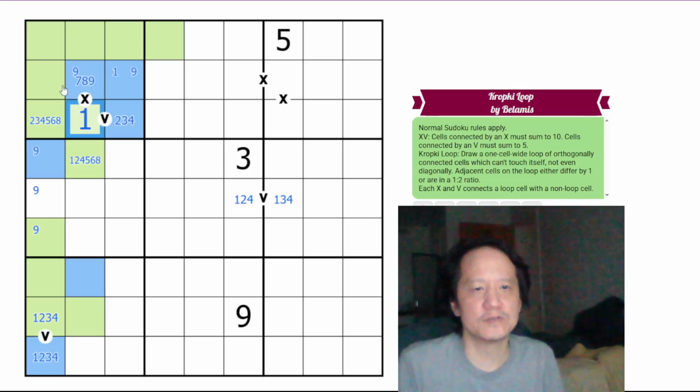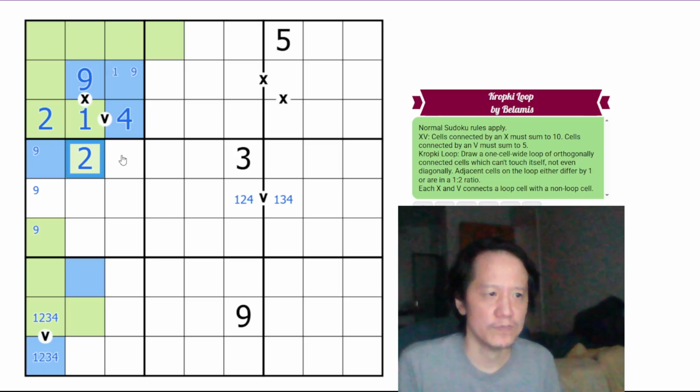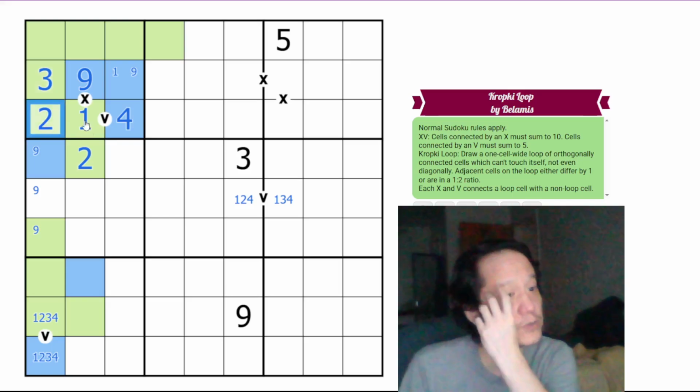What about if this is 1 and 9 here? That's 4. 1 is only consecutive with 2, so this would be 2 and 2 here. 2 could not be with 4, so this would then be 3. Because 2 is in a 1 to 2 ratio with only 1 and 4.